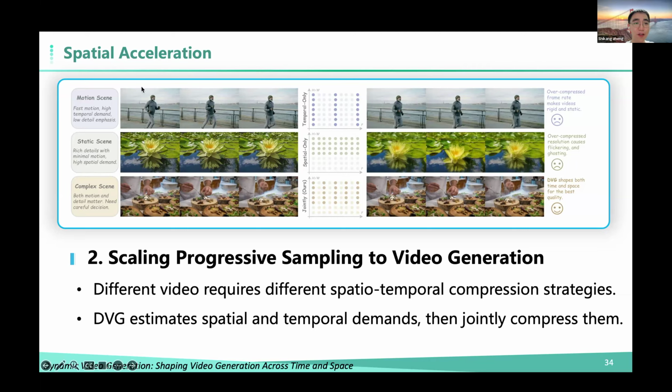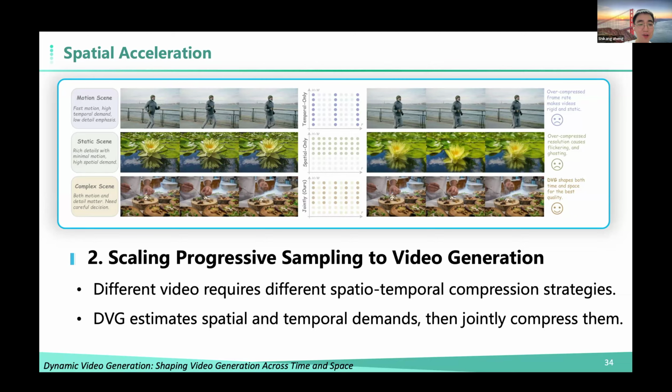For example, there are some videos, like this guy is running. This is a motion scene. And there are some static scenes, like this flower, which just stays the same for the whole video. And also there are many complex scenes with many objects and human hand movements. So different videos require different spatial and temporal compression strategies.